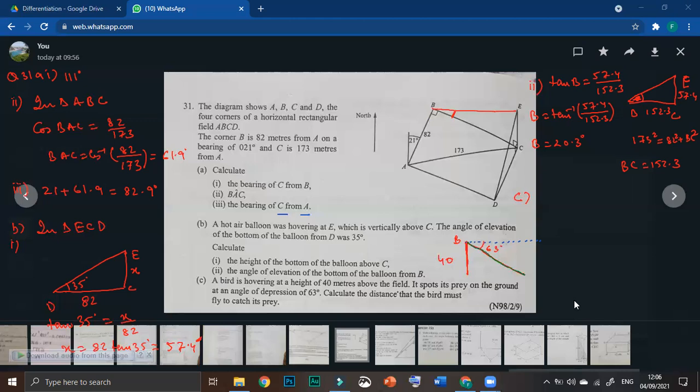Now hypotenuse, this one. This one is the right angle triangle. This angle is 27. This length is given, 40. We will use cos 27 is equal to 40 over BP.